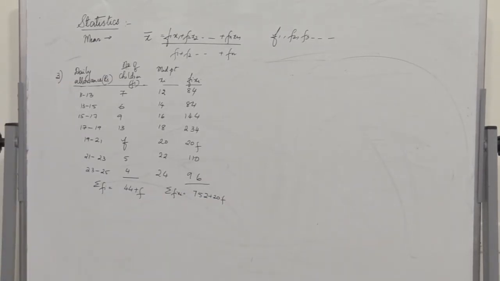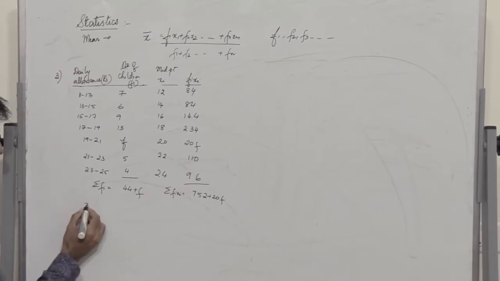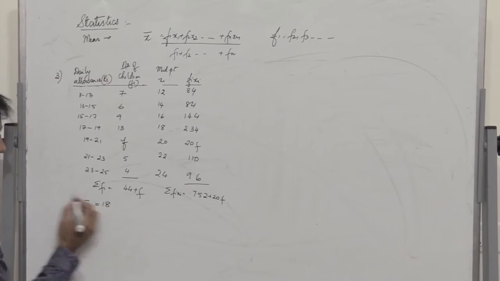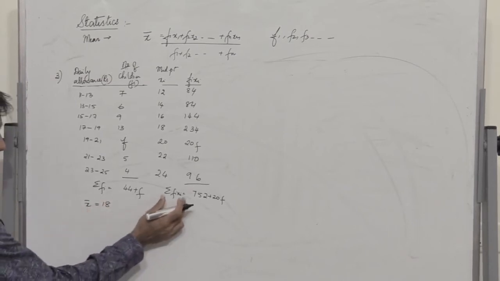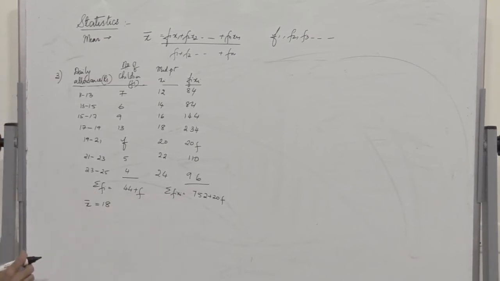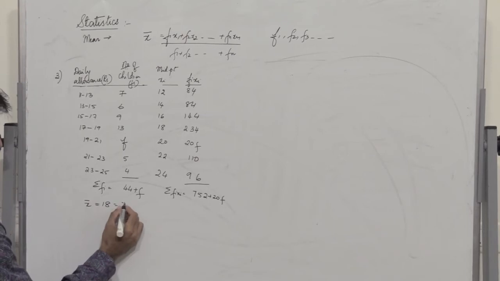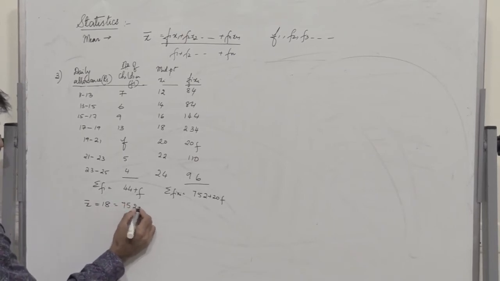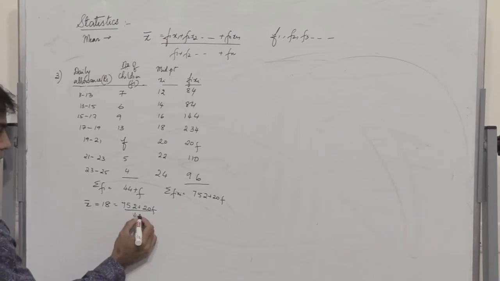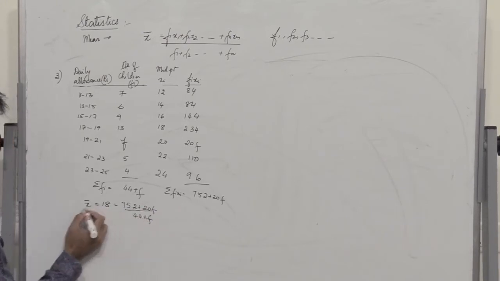It has been given that the mean pocket allowance is rupees 18. So x dash has been given as 18, which is summation fi xi divided by summation fi. So this value 18 is equal to 752 plus 20f divided by 44 plus f.